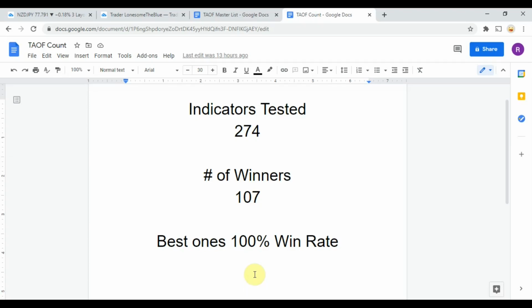The best ones so far were able to achieve a 100% win rate. Now you need to go back and watch those videos to understand the context of how they were able to achieve that. But as we are working on building the best trading system possible, you could take any one of those 107 indicators and get out there and start potentially profitably trading the markets with them now. So go back and watch those videos, make a list of those indicators, and get out there and see what you can do with them. But stick with us here as we work on maximizing your trading profits.